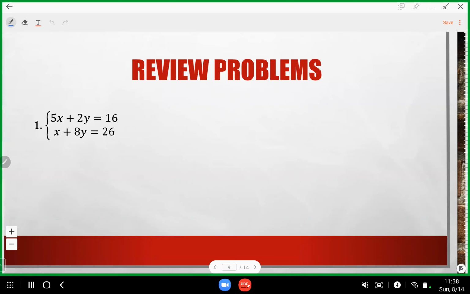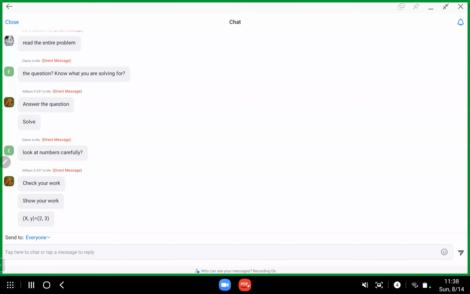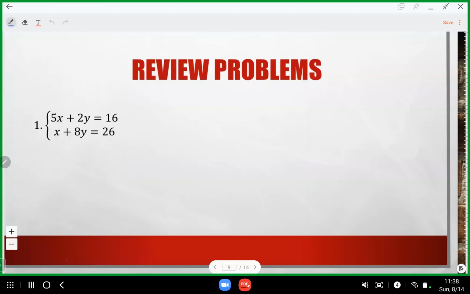All right, let's look at this problem. William said 2, 3. Very good. This one you can use substitution for because we already have x sort of isolated here. So x is going to be equal to negative 8y plus 26.